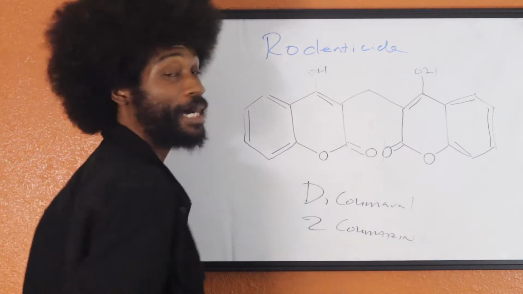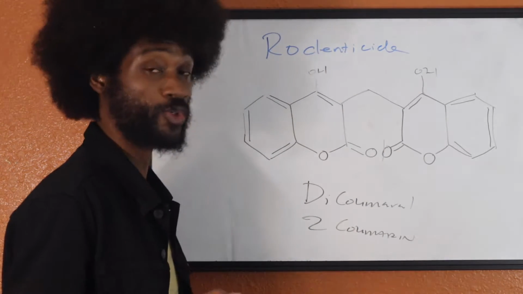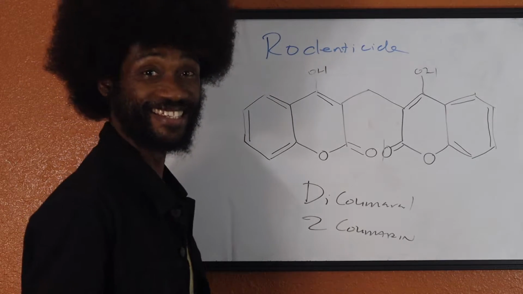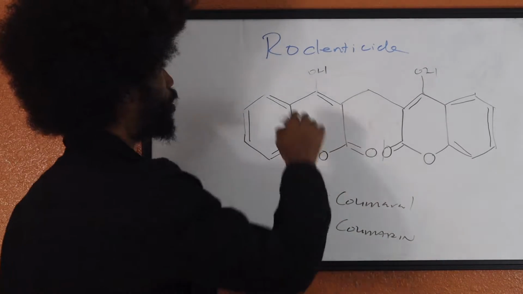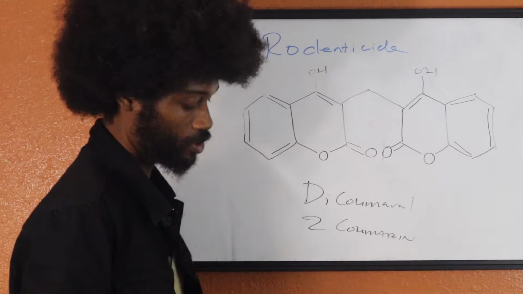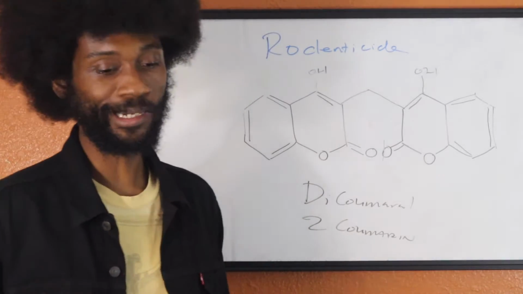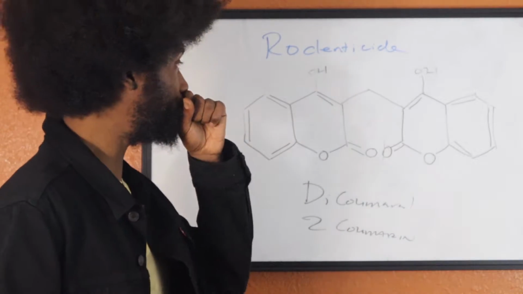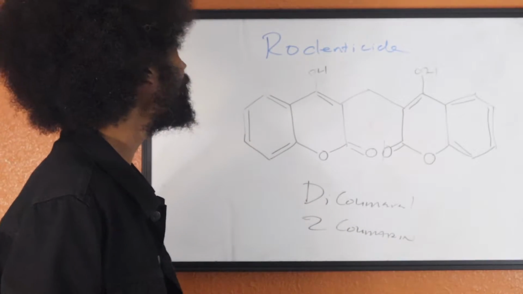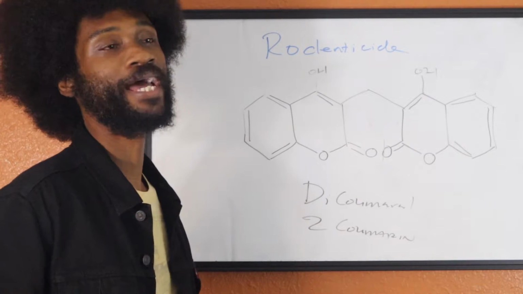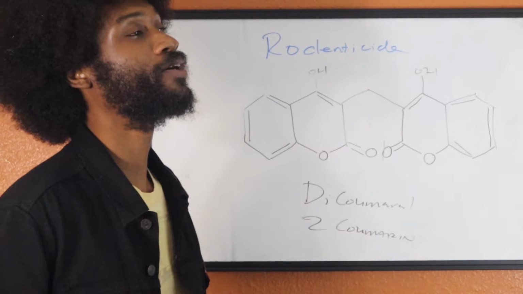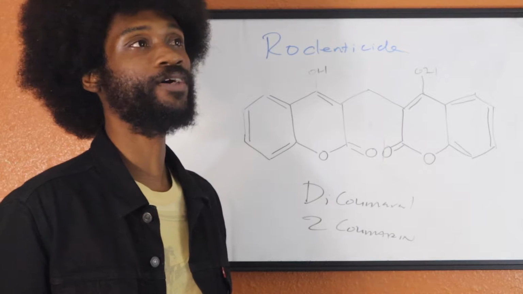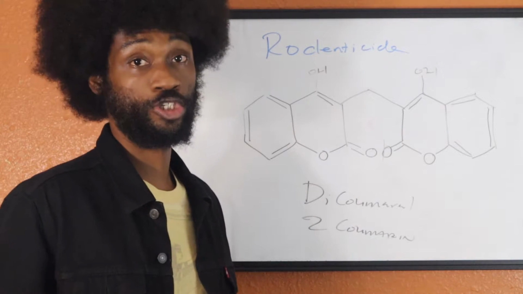Rodenticide. Okay, y'all know homicide, y'all know genocide, y'all know suicide, right? Insecticide, vermicide. We're talking about rodenticide, in which they was making this particular molecule in order to do what? To kill rats. They would bleed to death. So then, after they killed all these rats, they had to find out what the toxicity was to humans.